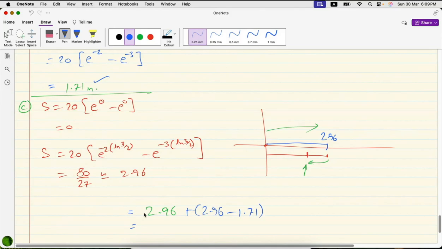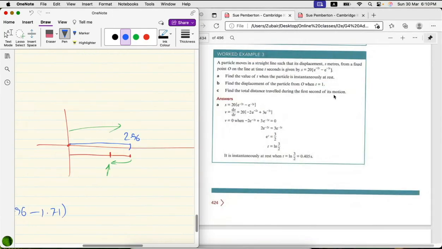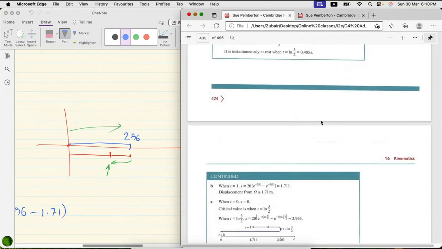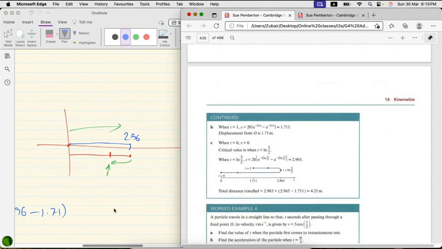So 2.96 plus 2.96 minus 1.71 gives us 4.21 meters. Check. 4.21 meters, yes.